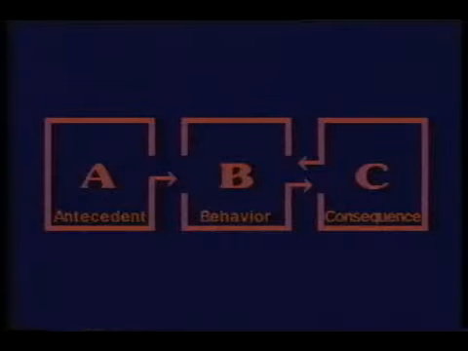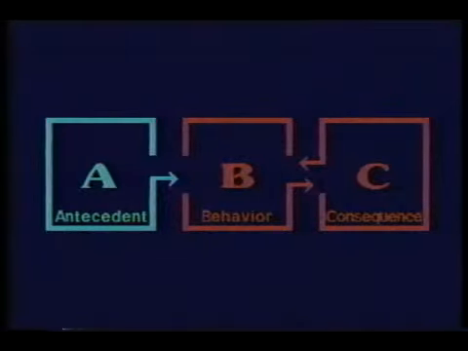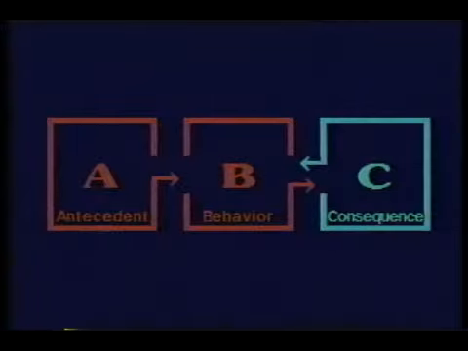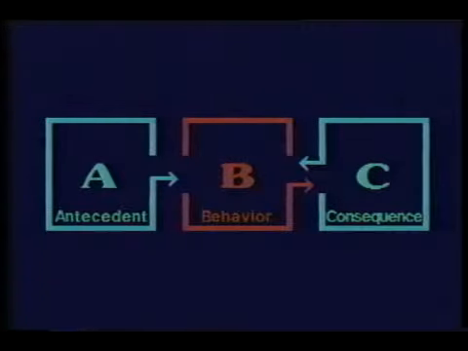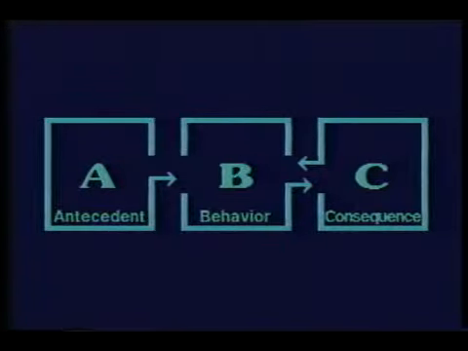You continue to record this information until you begin to see a pattern. This may only take a few days for behavior that happens often, or longer for a less common behavior. You then change either the A, antecedent, or C, consequence, maybe even both, to break the ABC cycle and change the behavior.